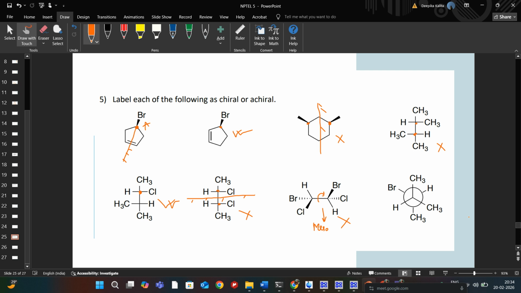And lastly, in this last molecule, there will be a chiral center present which will be the below carbon of this Newman projection and hence this molecule will be chiral. I hope you could figure out the chirality of these molecules easily.